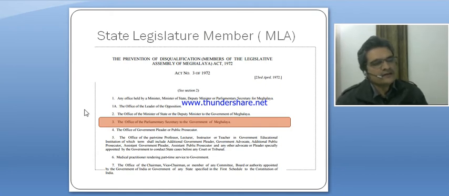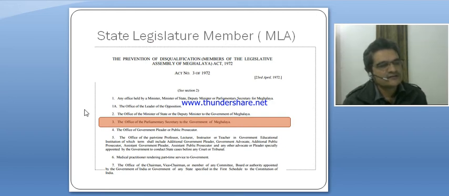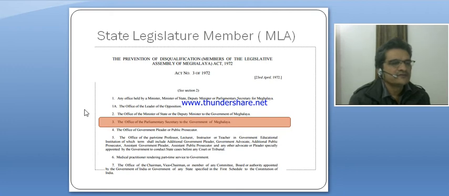But here in the case of the National Capital Territory of Delhi, we are seeing that those MLAs who are holding the post of parliamentary secretaries have been recommended for disqualification. The reason is that there is no such provision in the act for the National Capital Territory of Delhi, because that post has not been excluded from disqualification as an office of profit.